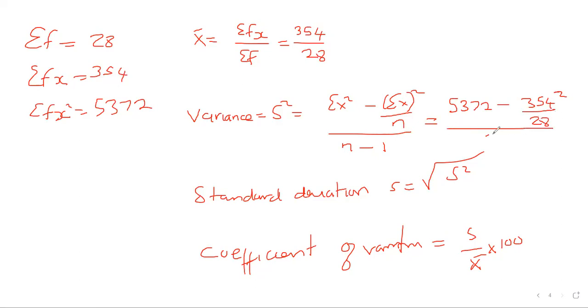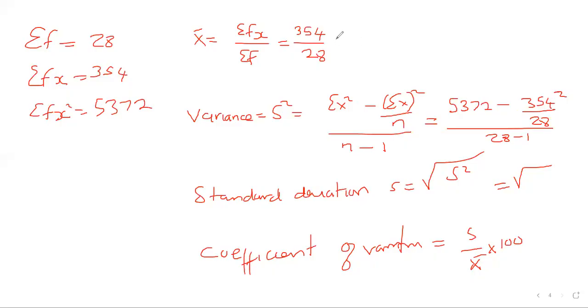Everything over 28 minus what? 1. N minus 1. And the answer you get, you square root it. So I'll give you, it's an art also to substitute. I'll give you 3 minutes to give me the answers. Let's get busy.